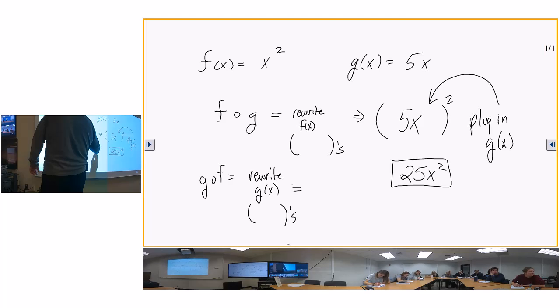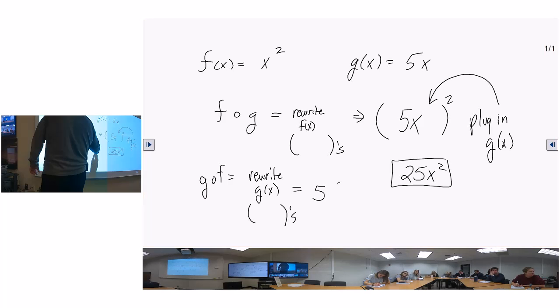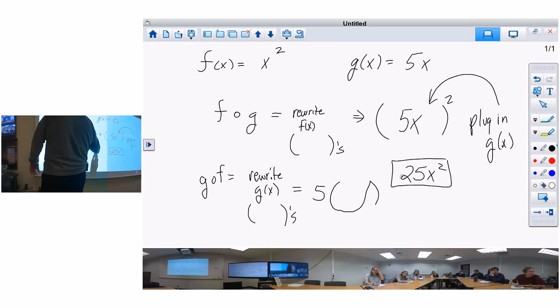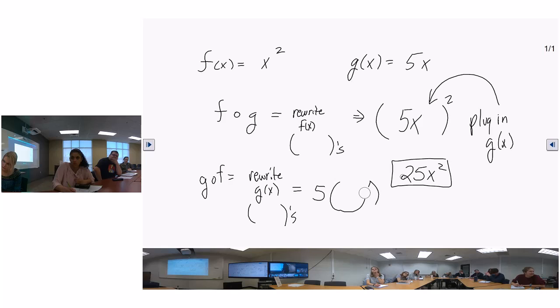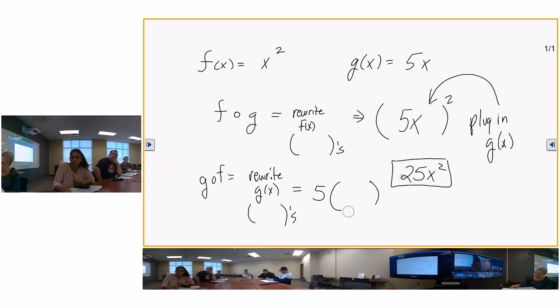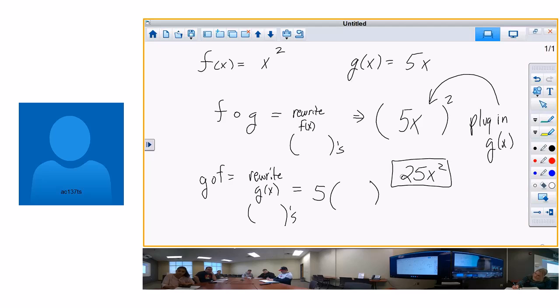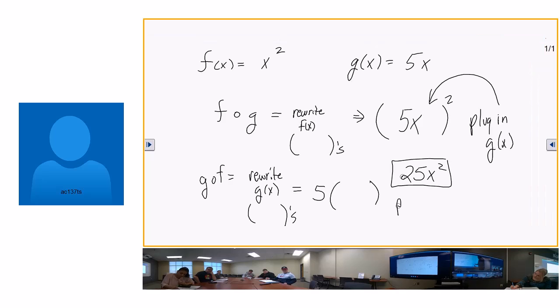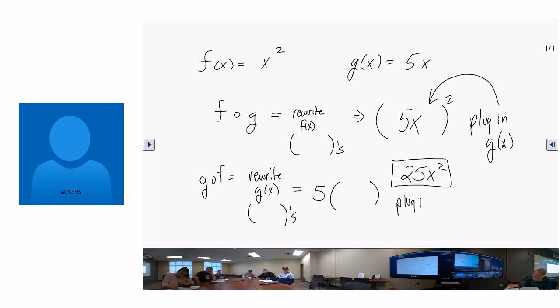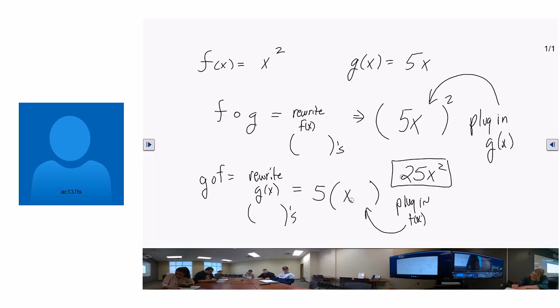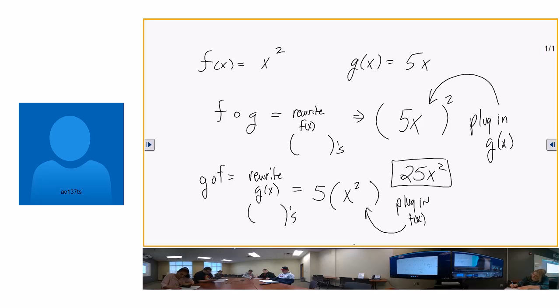So that's going to be 5 times a big set of parentheses, and plug in f of x. So f of x is x squared, and you get 5x squared.